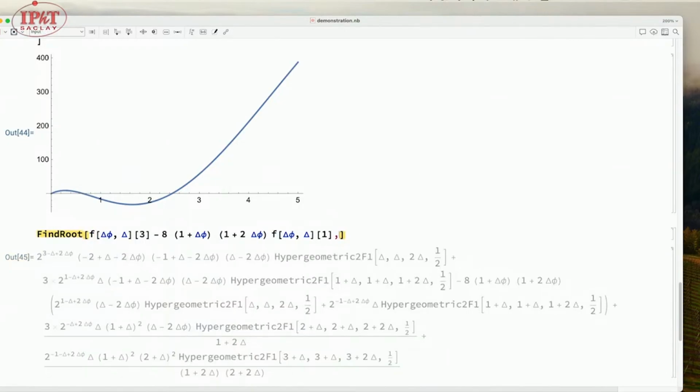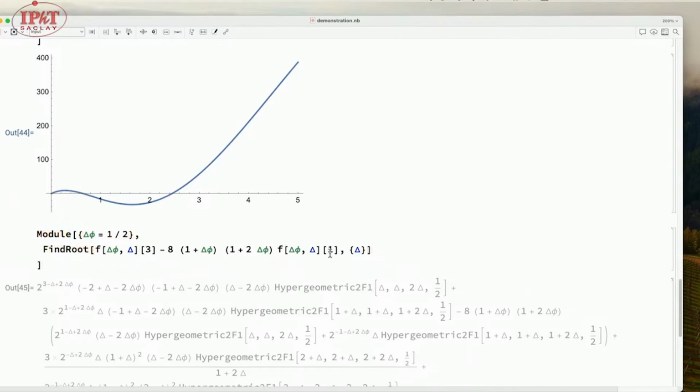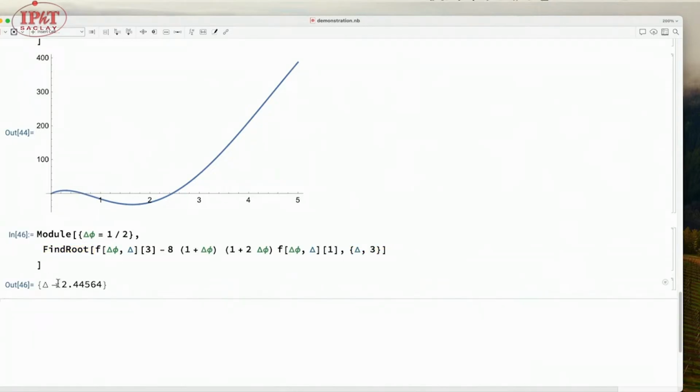Now, if we set delta phi to be 1/2, then you can see that this root is somewhere between 2 and 3. So let's say we are looking for a root close to 3. It's about 2.44.